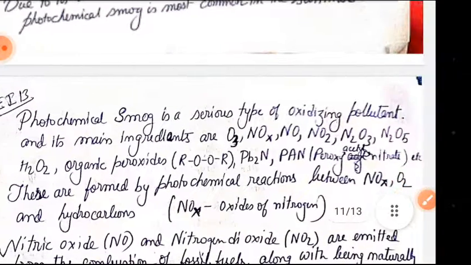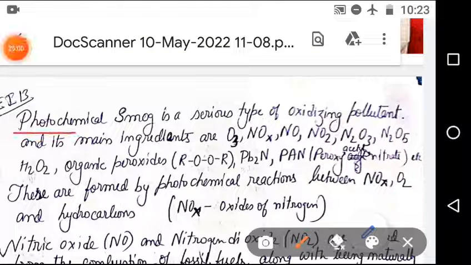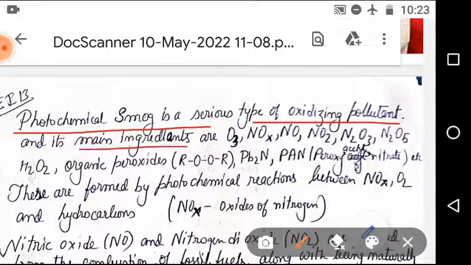Now, some chemicals related to photochemical smog. Photochemical smog is a serious type of oxidizing pollutant. So it is an oxidizing agent and it is a pollutant, better to say. The main ingredient, that means the main constituent of photochemical smog, is O3. Well, O3 is a good thing, right?